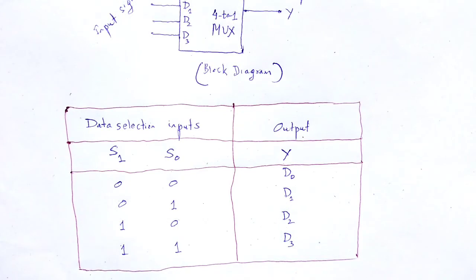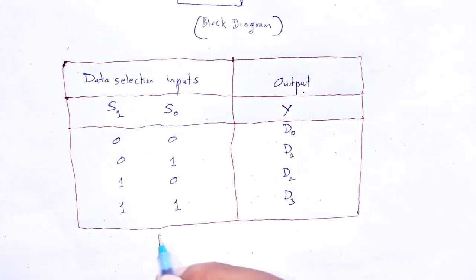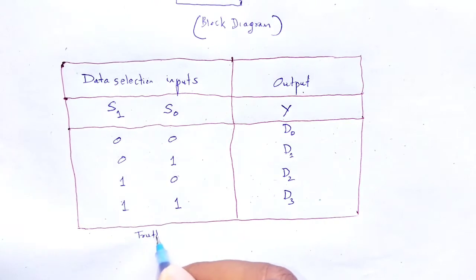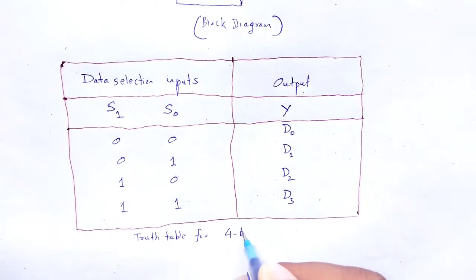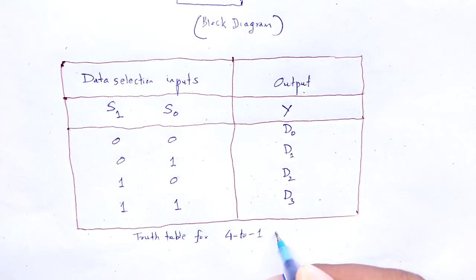This is the truth table for 4 to 1 multiplexer.